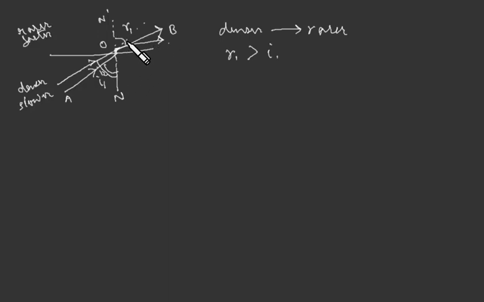Alright, that means the light will move even more from the normal. Now if we keep on increasing this angle of incidence, the light keeps on moving away from the normal.